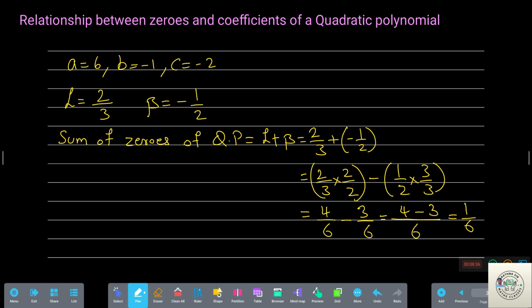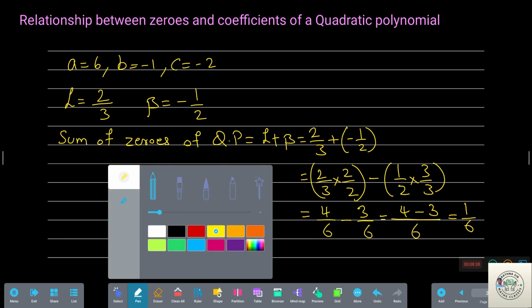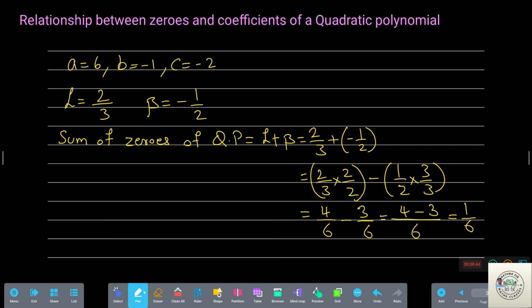If we compare this to a, b, c, what can we do? A is 6, b is minus 1. In the numerator we have 1.